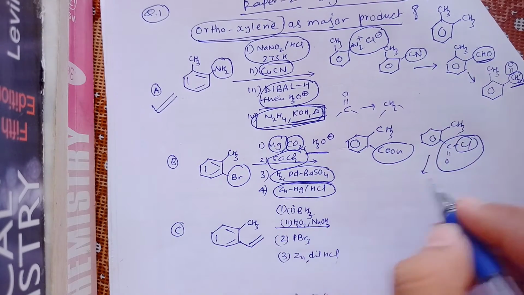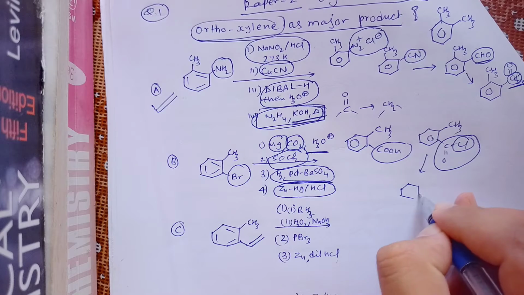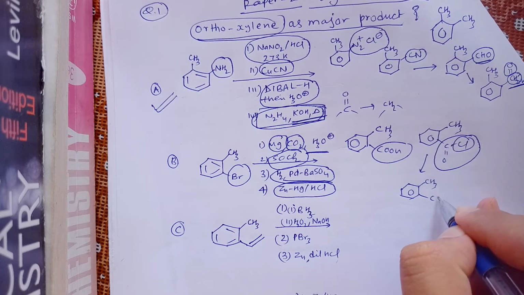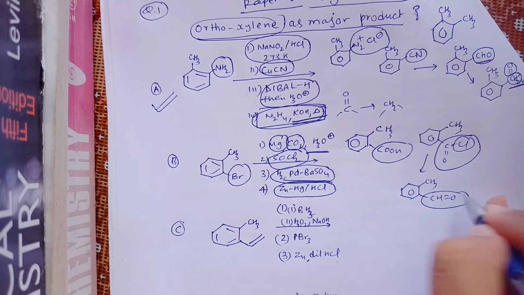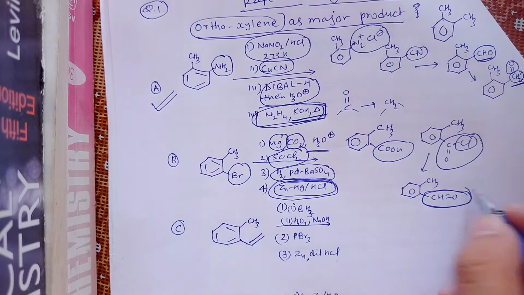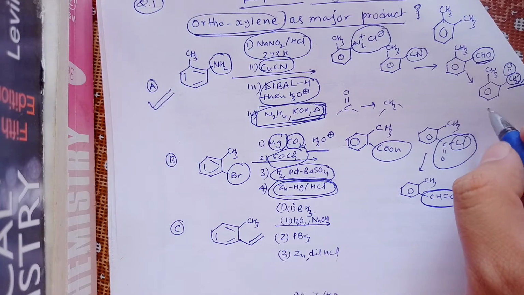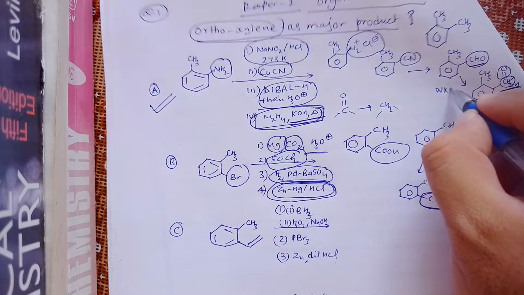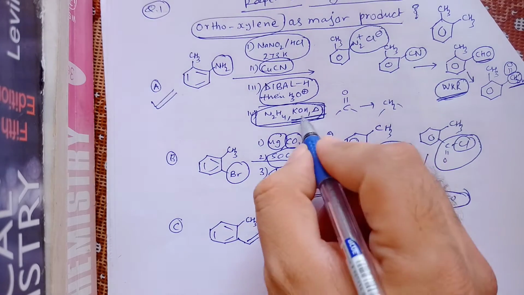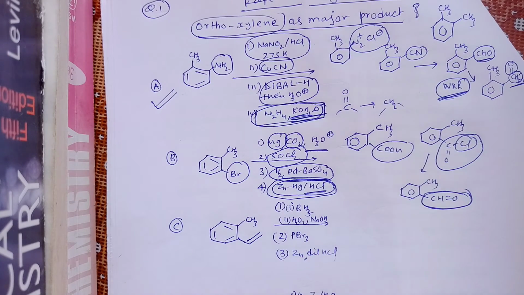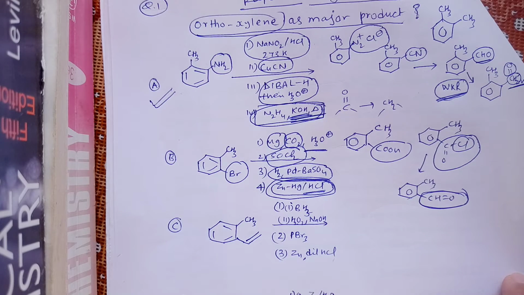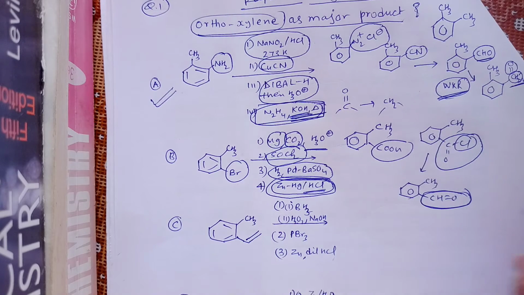Then you have Rosenmund reduction. It uses the same catalyst as Lindlar's, and we will get CH double bond O here. And again the Clemmensen reduction will always do the same thing as Wolff-Kishner reduction did. Wolff-Kishner reduction is done in the basic medium, and Clemmensen is done in the acidic medium. But CH3 is not posing any problem to Wolff-Kishner or Clemmensen reduction.